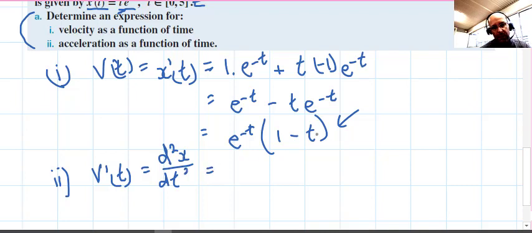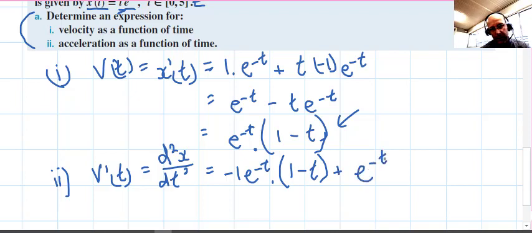Okay, so we have a product rule again. We have two terms there, and we have the derivative of the first times the second. You need to retain the brackets. So it's the derivative of the first times the second. And then we have the first times the derivative of the second.